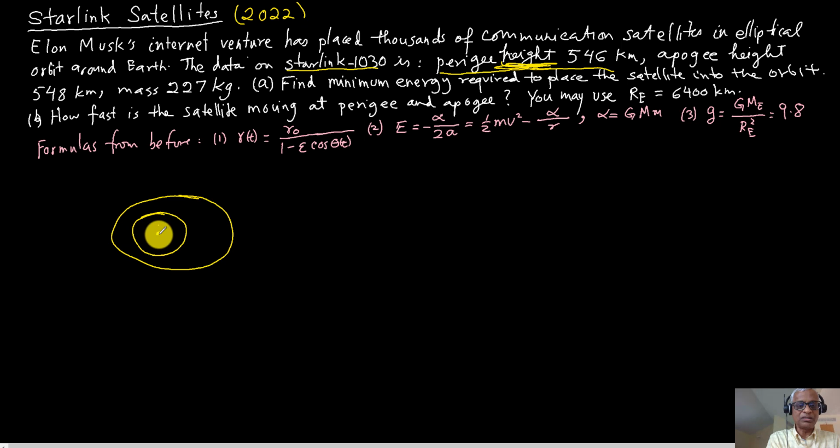So all the distances will be measured from here, and what's given is this distance and this distance. This is height apogee and this is height perigee. What goes into the calculations are these distances. This distance will be RP, and from here to here that distance will be RA.